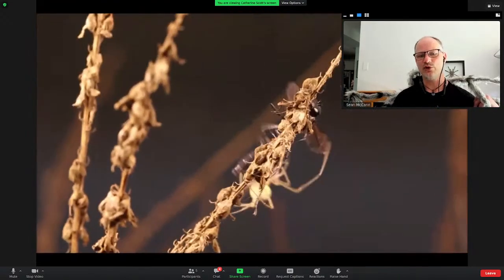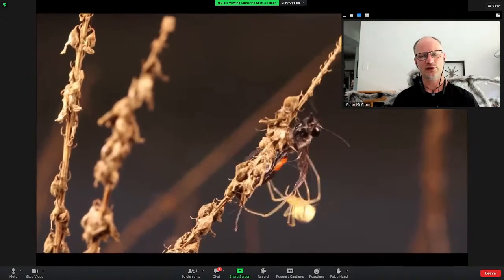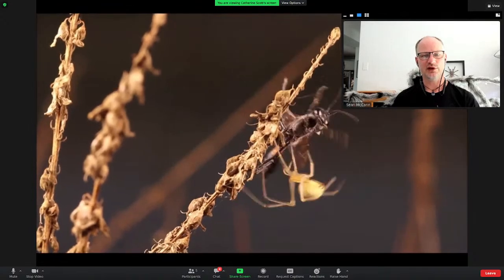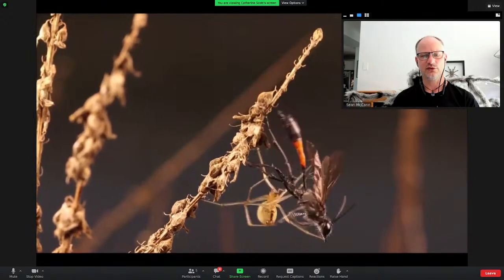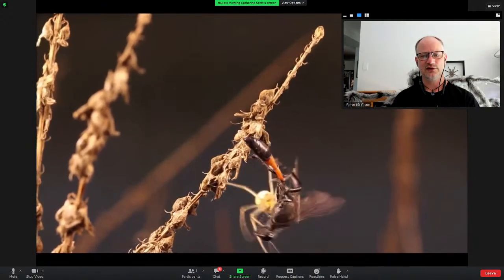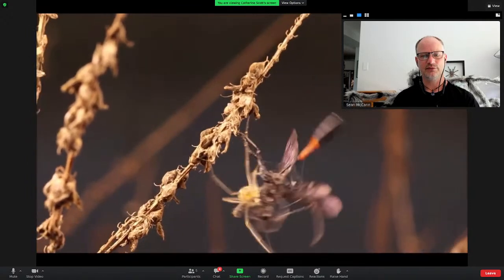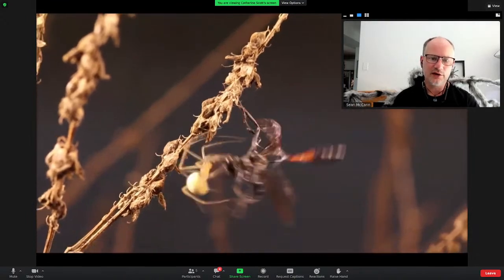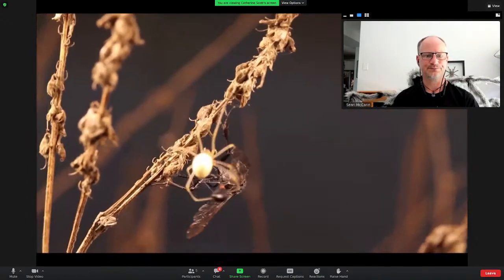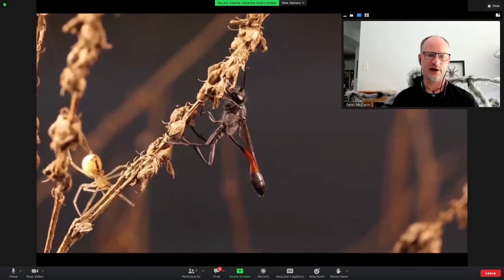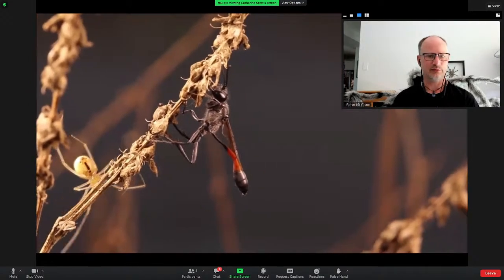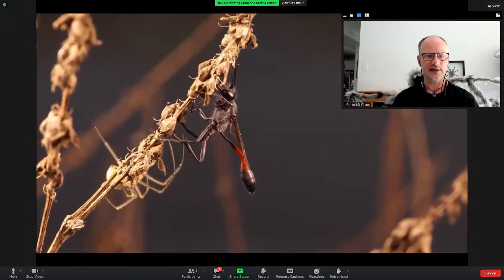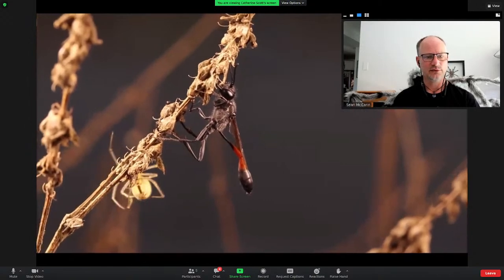I think they're woken up a little by the lights that we're using. In this case, it was illuminated just with headlamps and such. So what you've got is a large and formidable insect that's being quickly subdued by a relatively small spider. And once it's tied up and it's been killed with venom, it's just up to the spider to eat it. So next one.